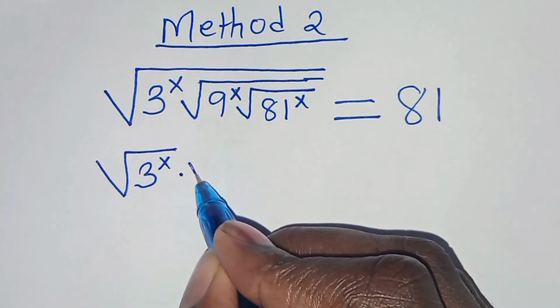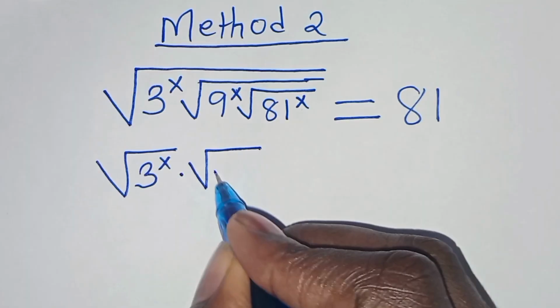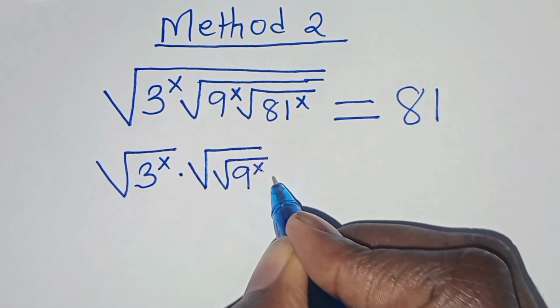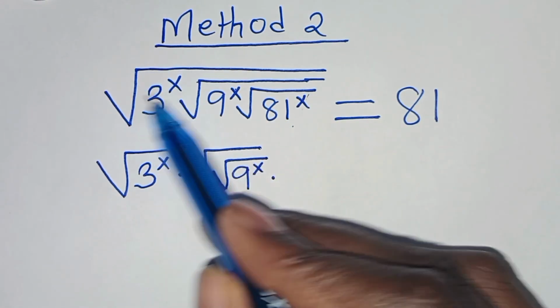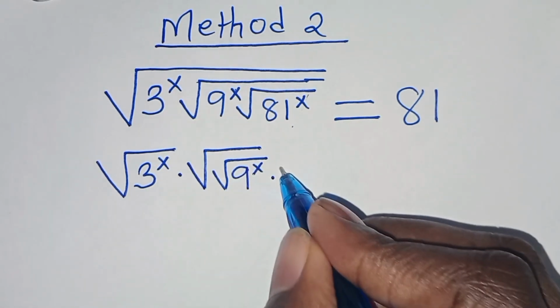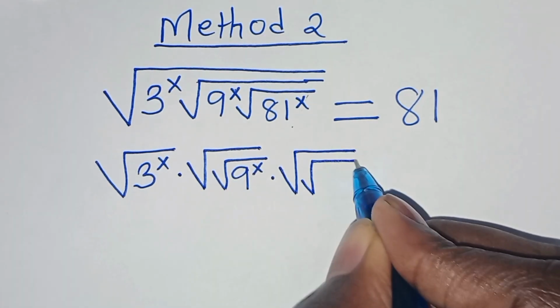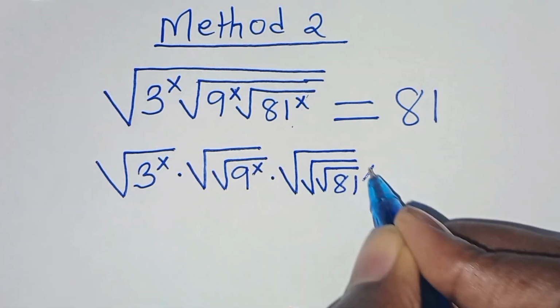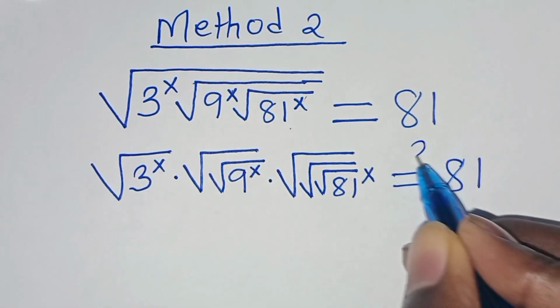This is the same thing as the square root, there is the first square root sign and you have the second square root sign, then 9 raised to power x multiplied by 81 raised to power x. So we have 3 square root signs here: the first square root sign, second square root sign, and the third square root sign, then 81 raised to power x. This is supposed to give us a value of 81.